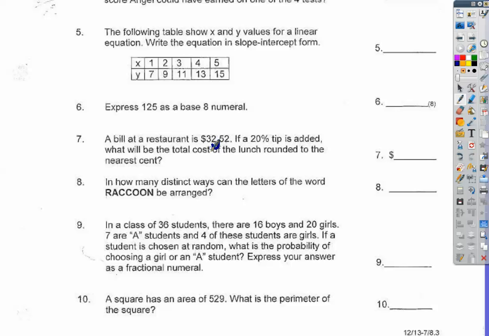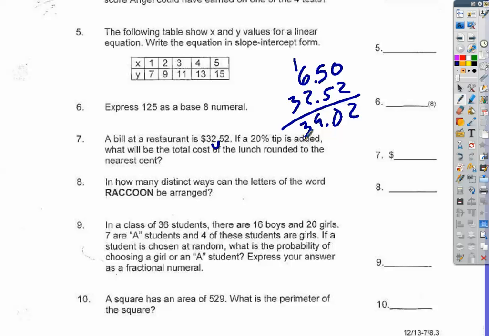So 20% is going to be $6.50. So that's going to be my tip. Because 2 plus 2 is 4, so that's going to be less than 5, so you can round down. So then we're going to add that to my 32.52, I get 2, 0, carry the 1, that's 9. Yep, that's it. $39.02.